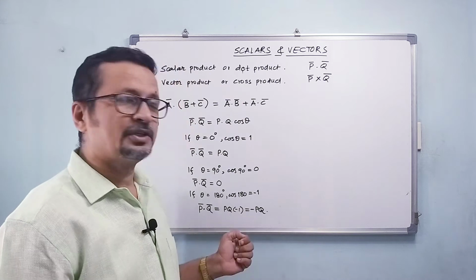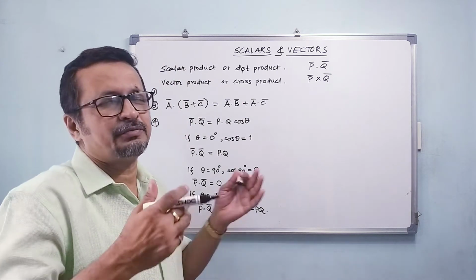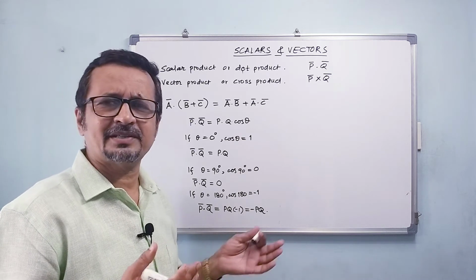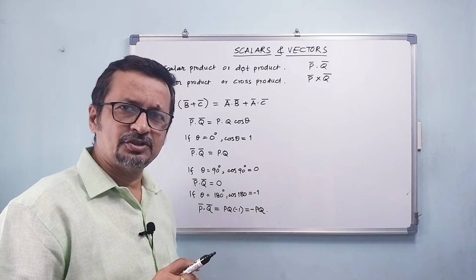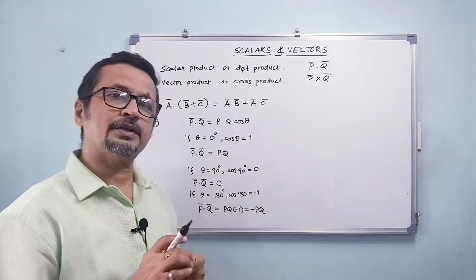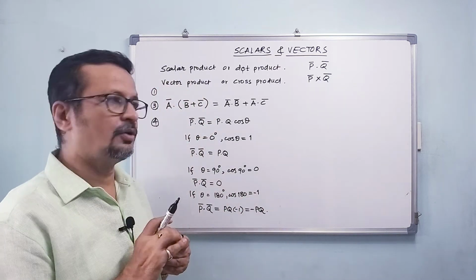So the work done would be equal to minus mgh, where h is the height up to which the ball reaches. So that was about these three cases.